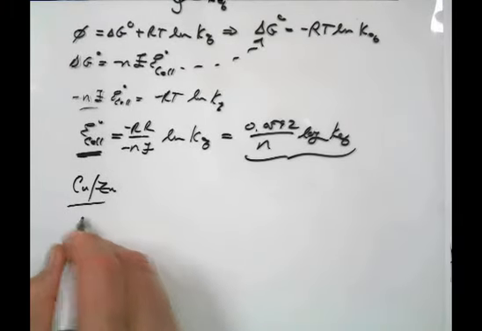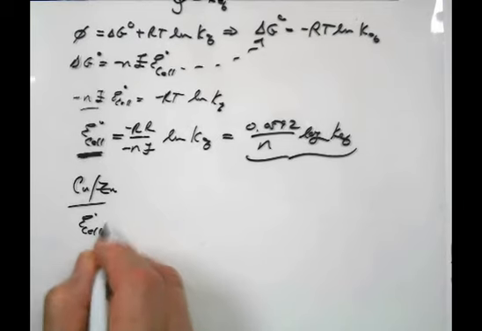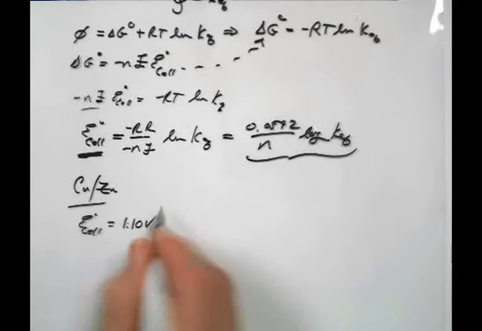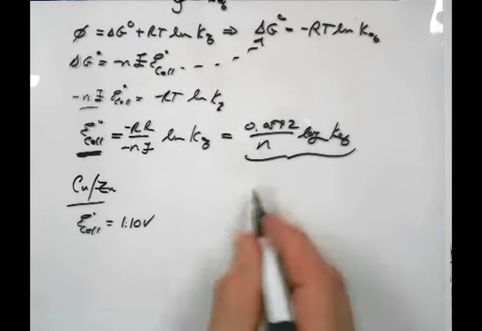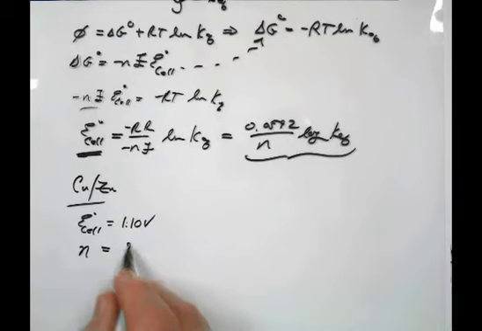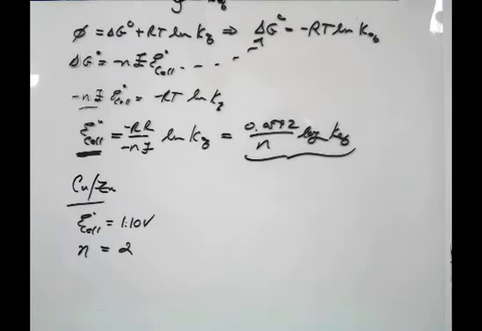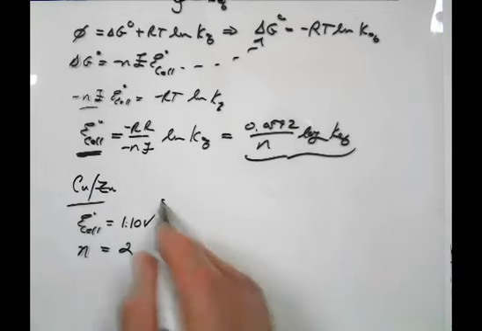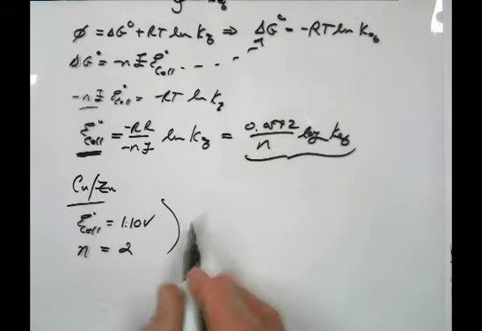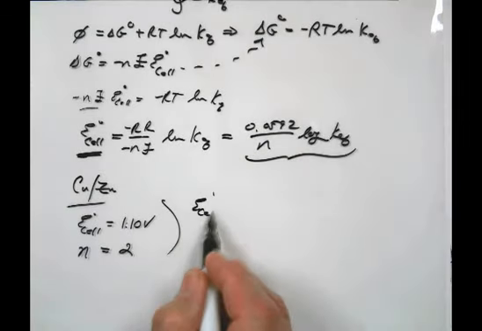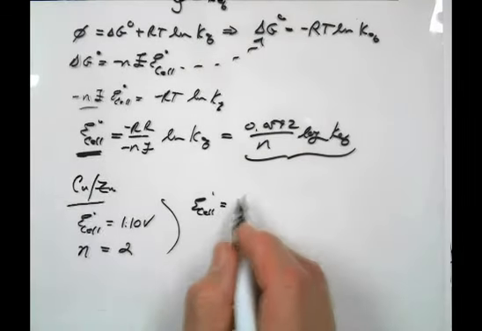E naught cell is 1.10 volts, okay? So we've already done that one, and we know that N is equal to 2 for the electron transfer in the copper zinc. We've done this about 3 or 4 times. Everybody okay on this? Pretty straight? Okay, so using that, we just plug into E naught cell and solve for the KEQ.